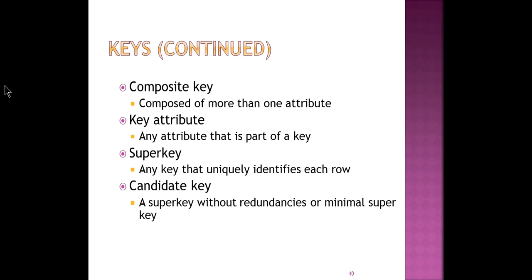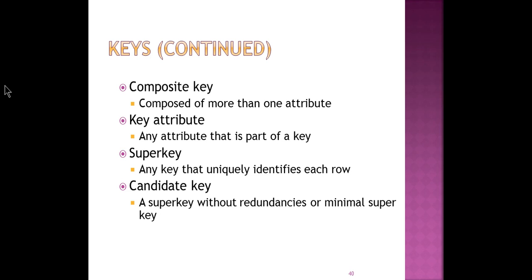A composite key means when a primary key contains more than one attribute, we call that a composite key, right? And a super key means a set of one or more attributes which uniquely identifies each row. See, the definition of all these keys is the same. The only difference is that a super key has unnecessary or redundant attributes. Even if you remove those redundant attributes, you can still uniquely identify each row in the relation.